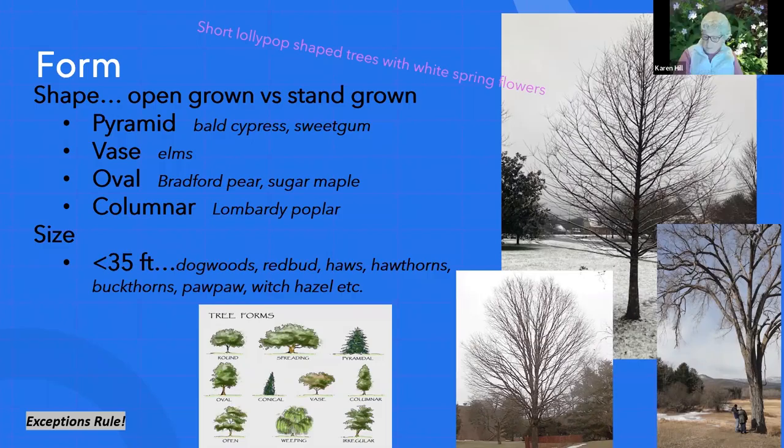Think about that form and make a notation to yourself, because you already know that. You just might not have thought about it as one of the characteristics that you use. So I'm going to give you a minute to think about location, where those trees grow, and form of those trees that you can already identify. Make a notation in your notes.